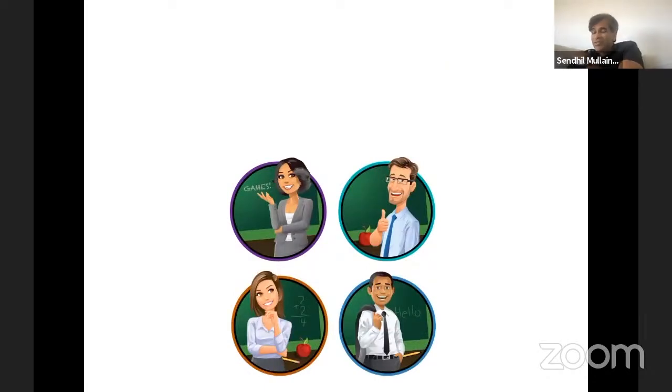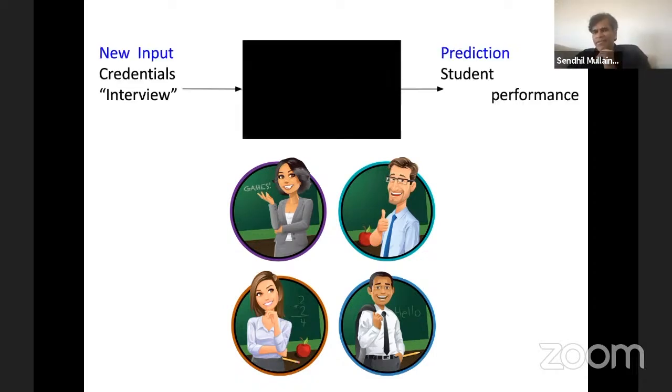Take something like teachers in education. There's a lot of work that looks at the experimental effect of an additional teacher. That's clearly a beta hat problem. But holding that constant, how do you know who makes a good teacher? That's a clear prediction problem. There's some interview and there's some prediction people are making about the performance of the teacher or the performance of the students under that teacher.